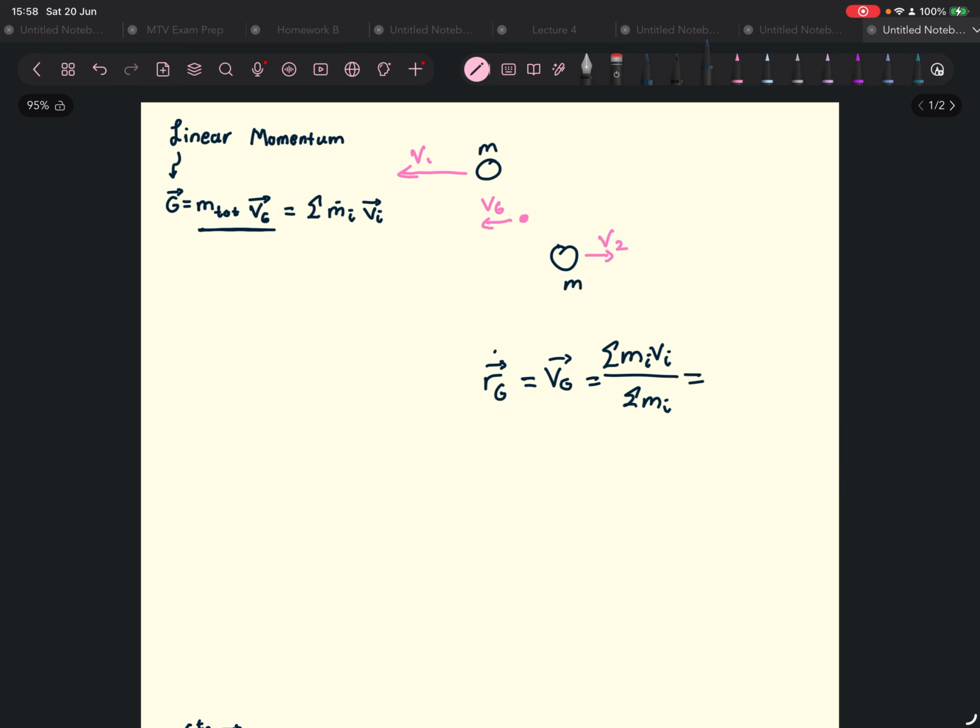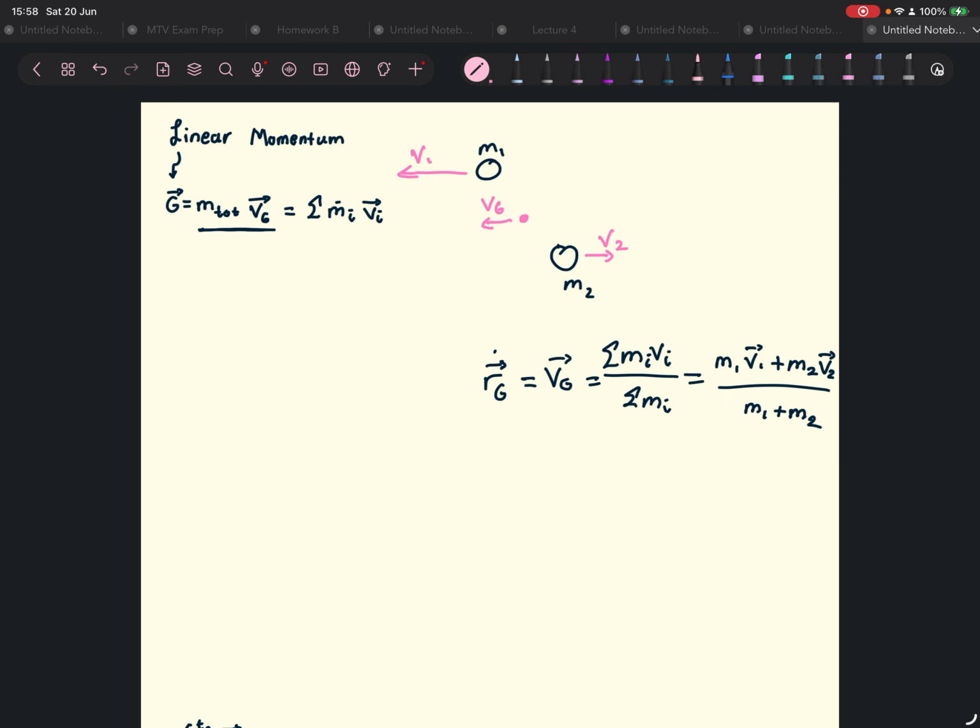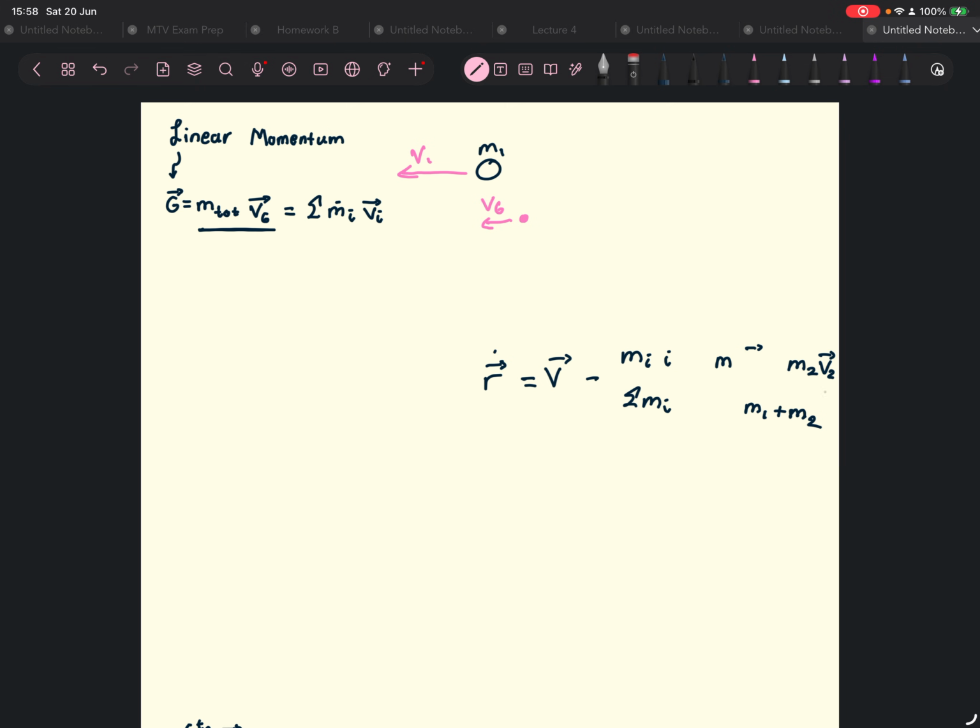For this case, I'm going to call that 1 and that 2. It's going to be m1 times v1, and remember it's a vector, plus m2 times v2, over m1 plus m2. So that will give you the velocity of the center of mass. Cool. In most cases it will be given to you, but if you ever need to calculate it, that's how you'd calculate it.